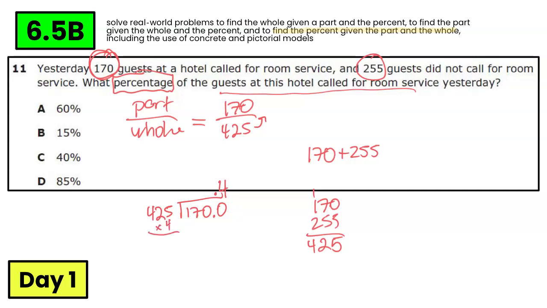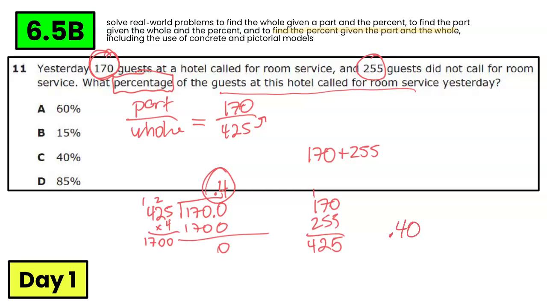425 times 4 is going to give us 5 times 4, which is 20, carry the 2. 2 times 4 is 8, plus the 2 is 10, so 0 and carry the 1. 4 times 4 is 16, add the 1 is 17. So we end up with 1,700 for a remainder of 0. And so the decimal that we get is 0.4 or 0.40.